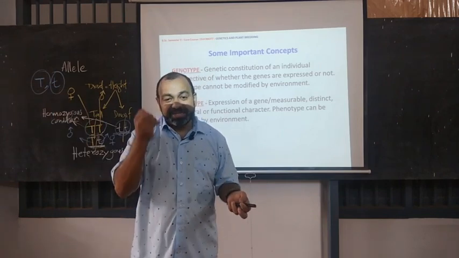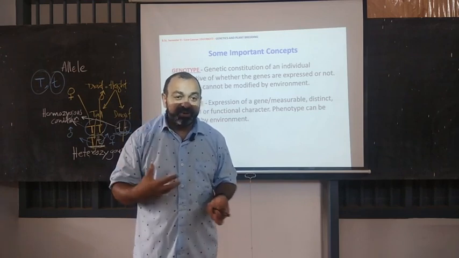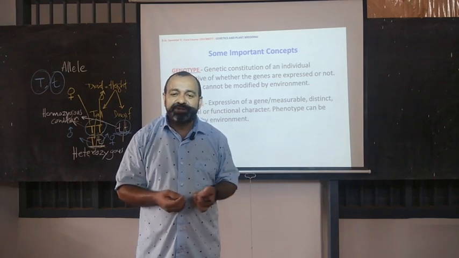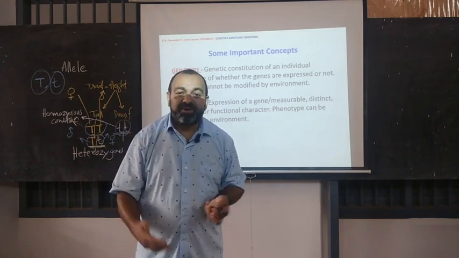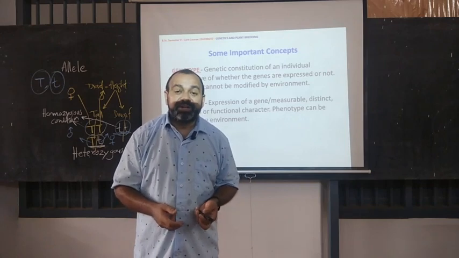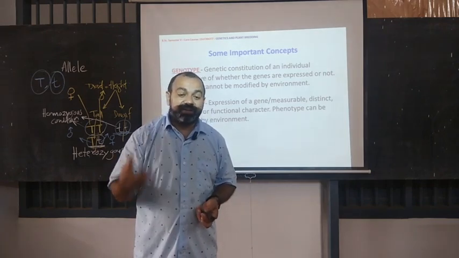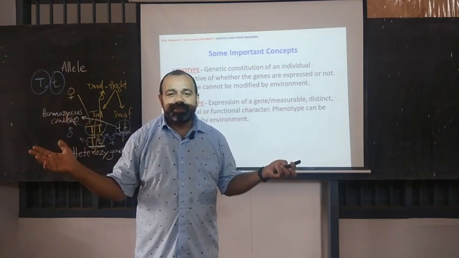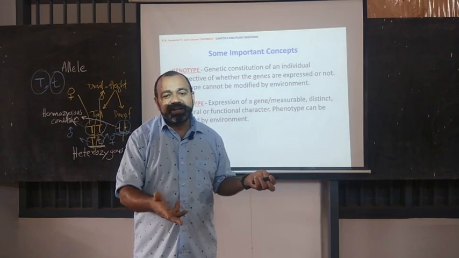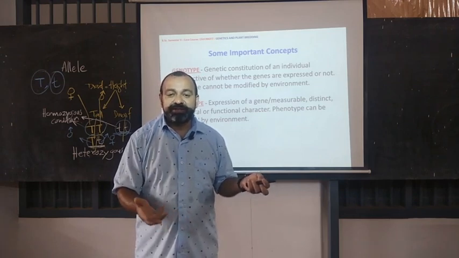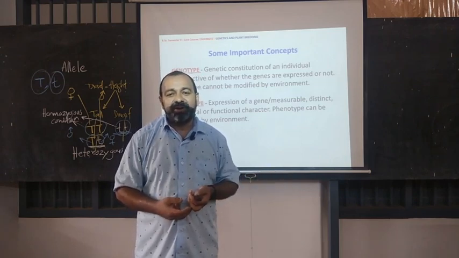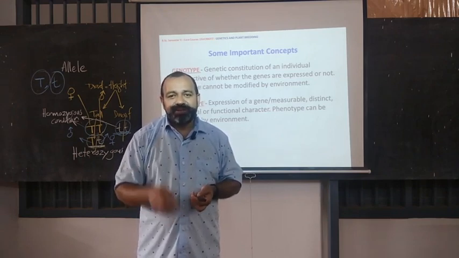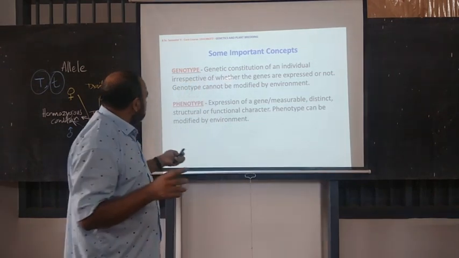On the contrary, if the plant does not have the ability to produce a high yield, because its genotype is such that only a few seeds are produced, even if we provide all the suitable conducive conditions, water, nutrients, better aeration, no shade, everything, irrespective of all these environmental conditions, the plant cannot give a high yield because its genotype is not good enough to produce a sufficient quantity of fruits. So genotype and phenotype are very important.